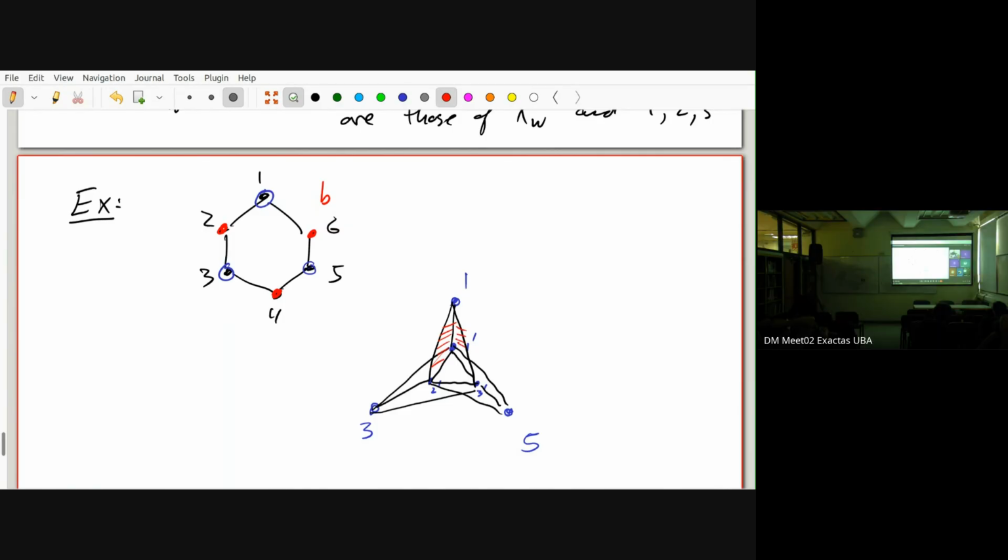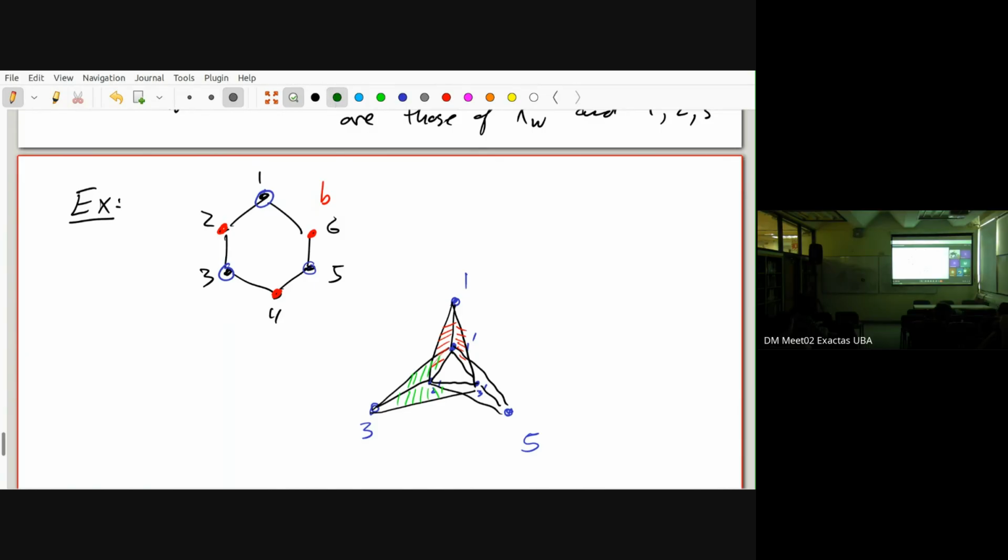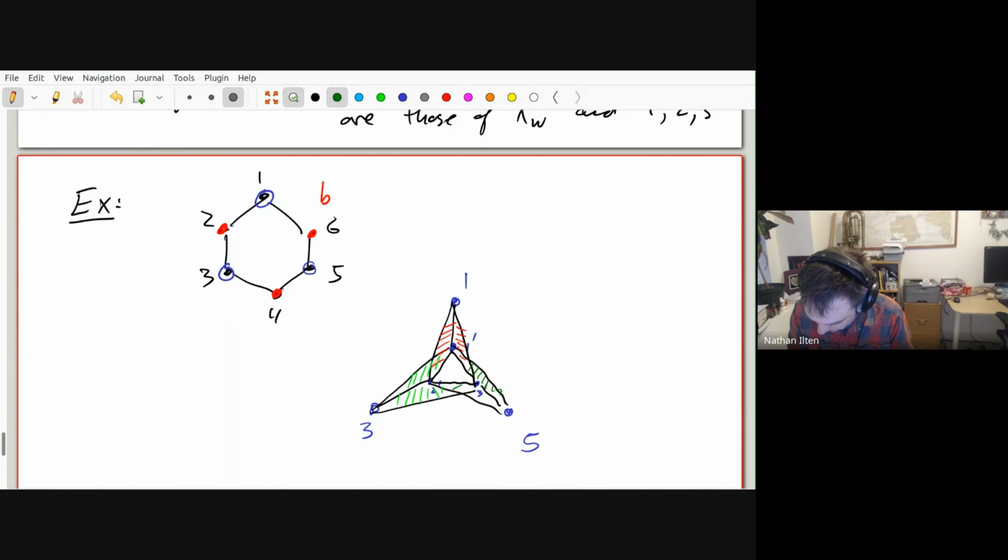These 2 red 2-simplices, these 2 green 2-simplices, and these 2 dark green 2-simplices. Okay, and so this is, in this example, my simplicial complex X_W hat. It's not difficult to see this deformation retracts down onto this triangle that I have here.